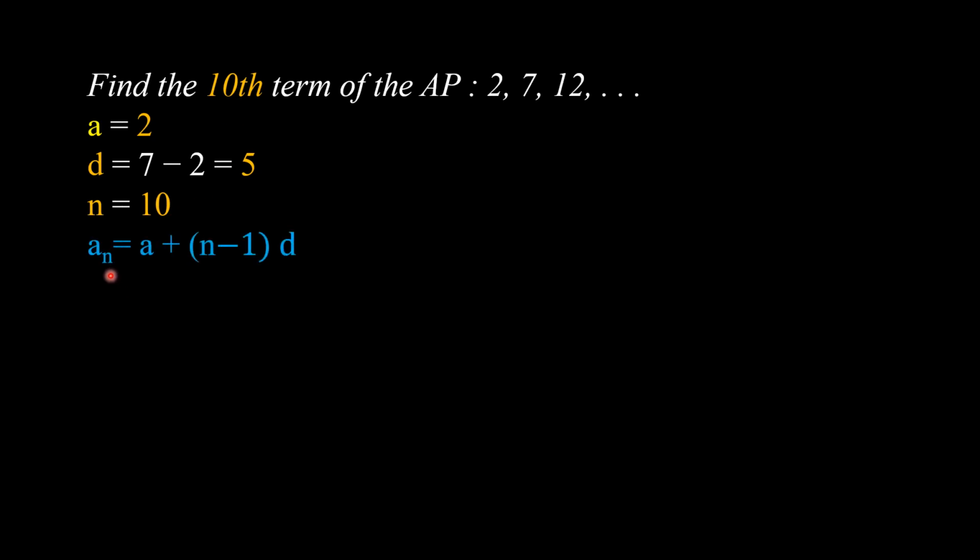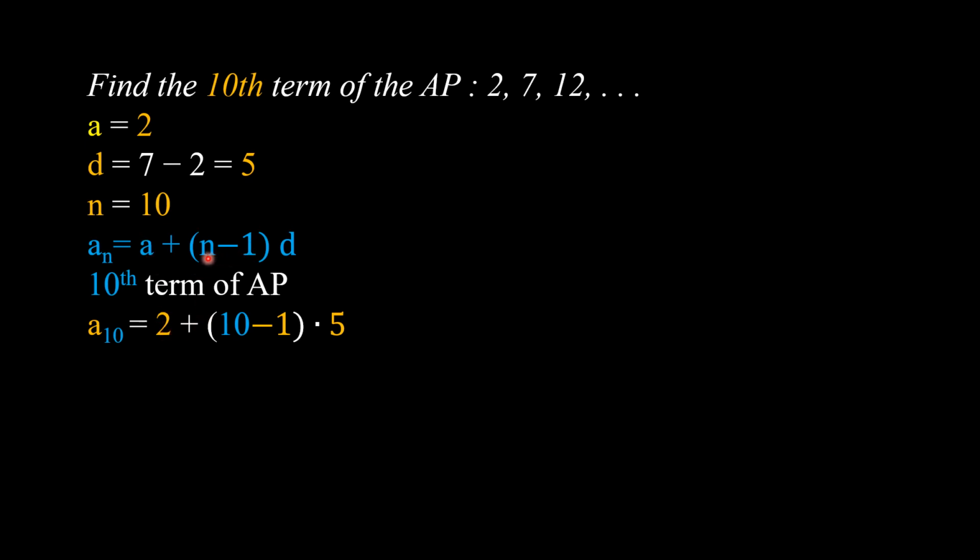Now we have the general form of nth term as an equals a plus n minus 1 into d. Now we will substitute the values for finding the 10th term of the AP. So we have a10. In place of n, we have put 10 here. So we get a10 equals 2, which is a, the first term, plus n minus 1.